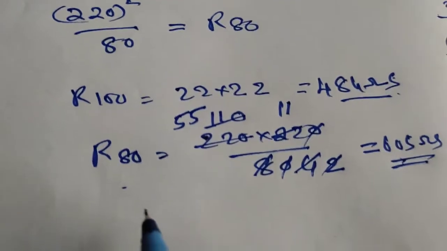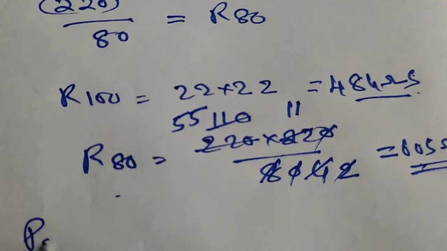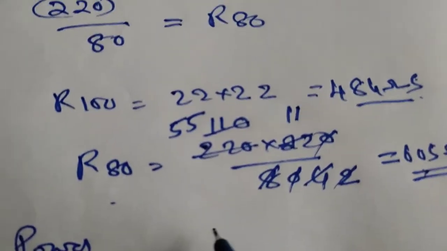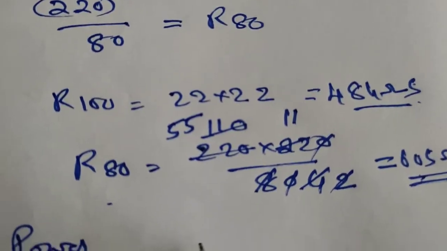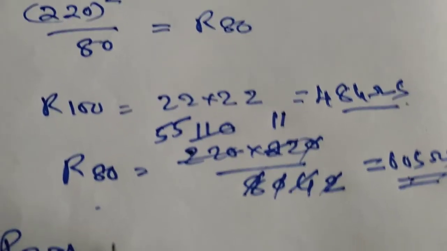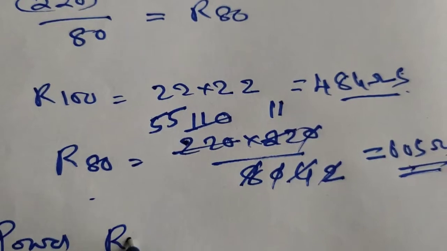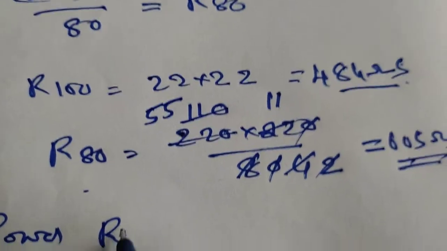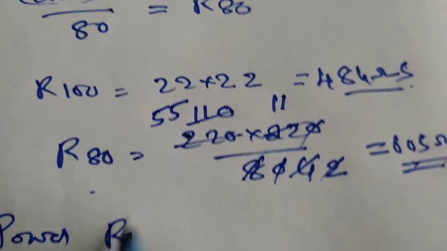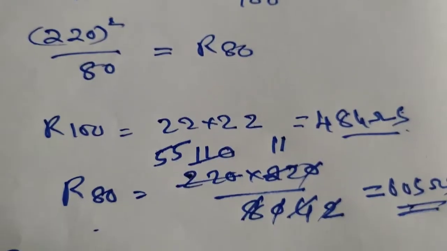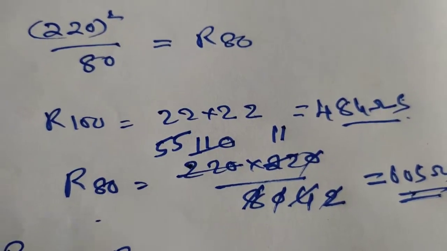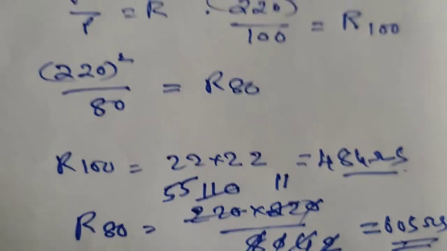Now power dissipated in series connection. We can also find out the current. How will we find out the current?